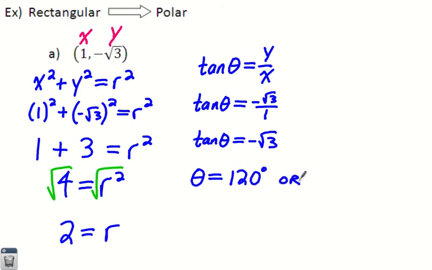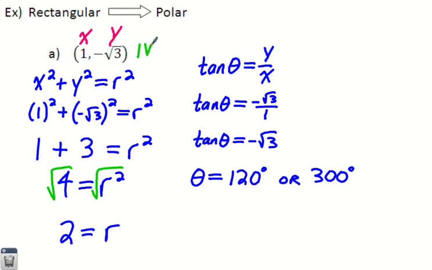But also, wouldn't that be 300 degrees? Are they both correct? Or just one of them? What do you think? Which one makes more sense? The fact that theta would be 120 degrees or 300 degrees? Well, think about what x was and what y was. X was positive 1. Y was negative root 3. What quadrant does that put you in?